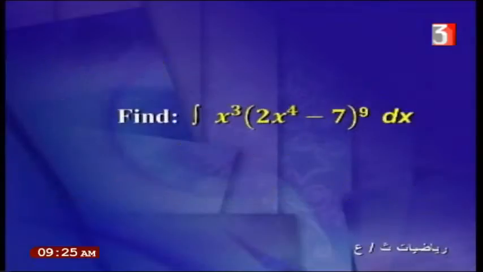Find integration of x power 3 multiply between two brackets 2x power 4 minus 7 all power 9 dx.